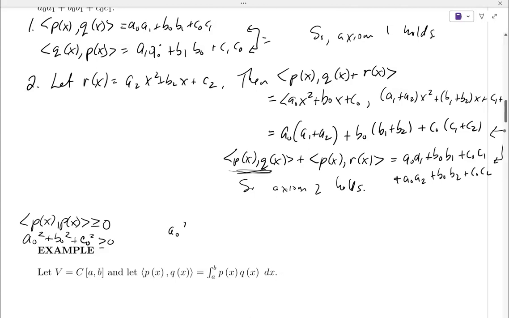So it equals 0 if and only if a naught equals b naught equals c naught equals 0. The only way to get the sum of squares to equal 0 is that they're all 0. Everything's taking place in the real numbers here, right? This is why we have polynomials with real coefficients, okay? And so this is if and only if p of x really is the 0 polynomial.